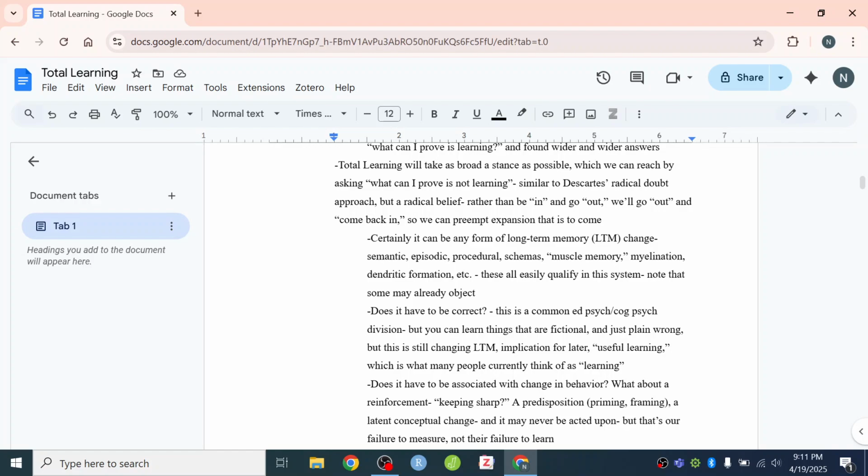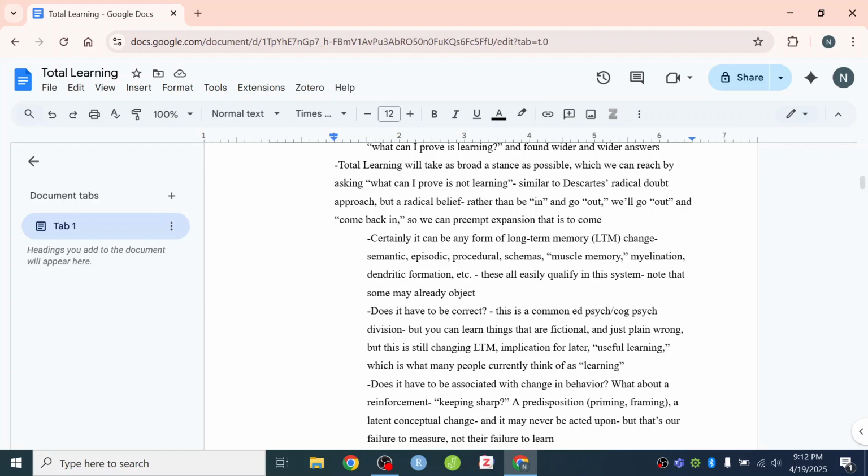There's a natural degradation of a skill, of access to a fact or a piece of knowledge, that the recapitulation of prevents the degradation of. And we would, in a broad definition of learning, accept this as well. This is not so much a change in long-term memory as the prevention of the natural degradation of long-term memory. And this could also be considered to be a form of learning.